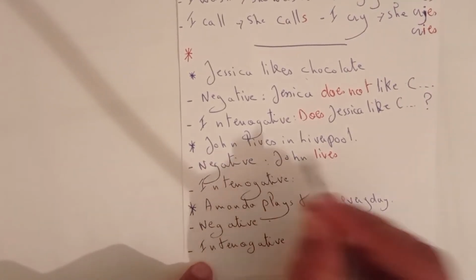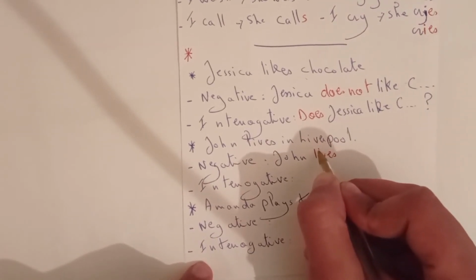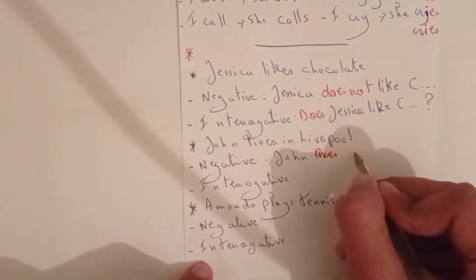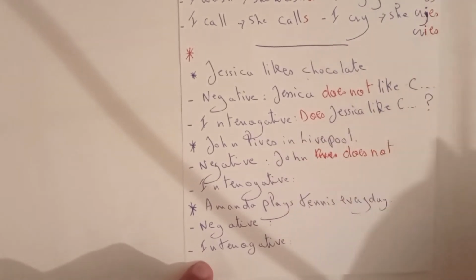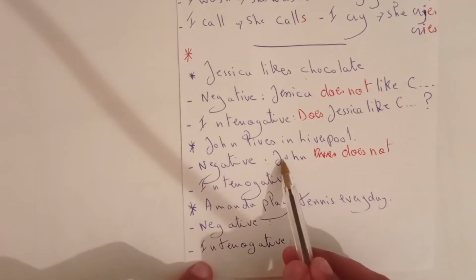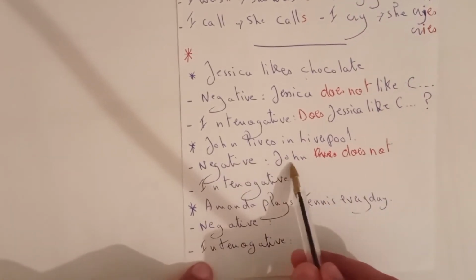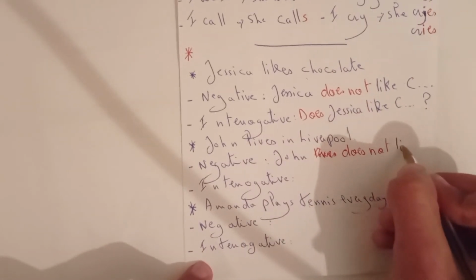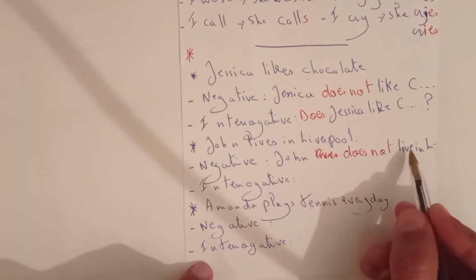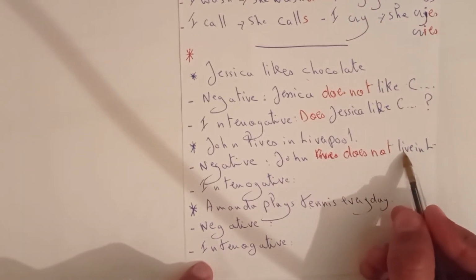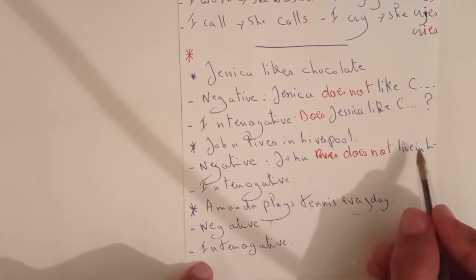We need to have a negative sentence here. John does not. Sorry. John, because we have a negative sentence, we need an auxiliary and not. John does not live in Liverpool. Live, as you can see here, this verb is in the infinitive. We conjugate only the auxiliary. John does not live in Liverpool.